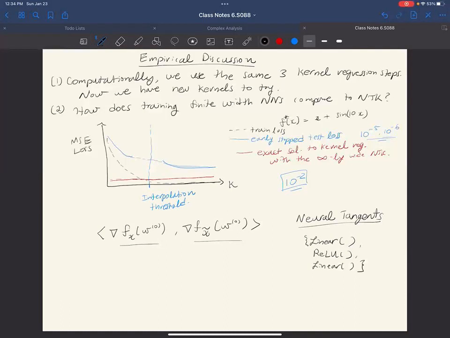And I'll just ask the library to output what is the corresponding kernel function. And this will just give me the NTK for whatever architecture I picked. And this kernel function, if you feed in any two data points, it will just output you the NTK between those points. So it's an extremely convenient framework for abstracting away all of this computation. And so we'll actually get to try and use this in practice to see how well these NTKs work.